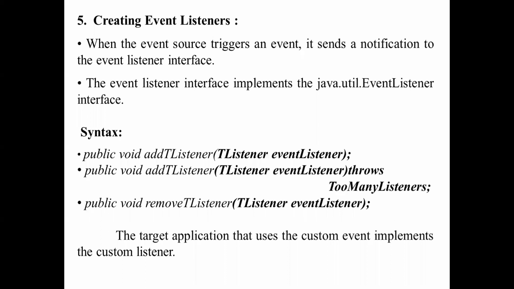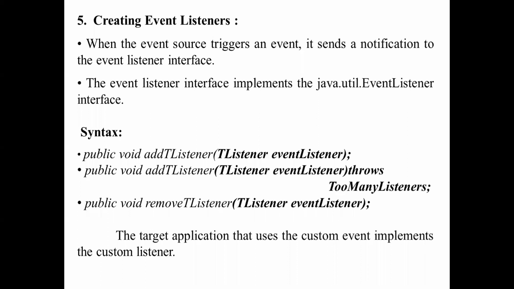This is a middle way between creating the Java bean and the event listener interface. So we can send the notification. How can this notification be implemented? By implementing the java.util event listener interface.